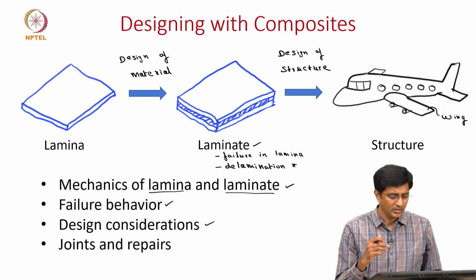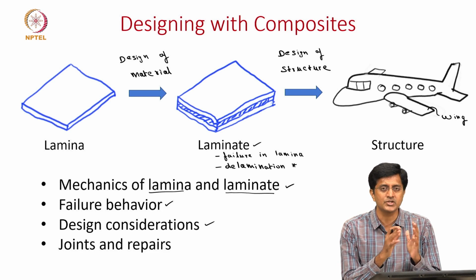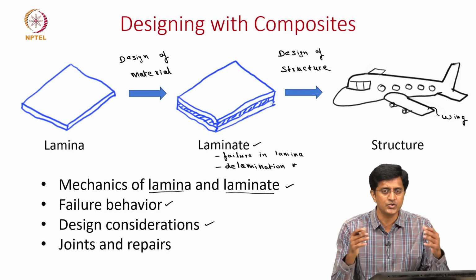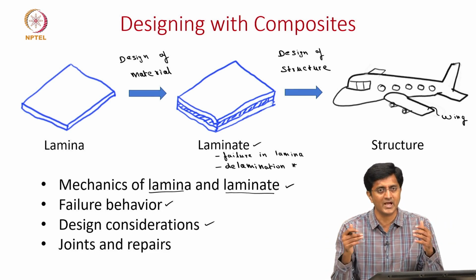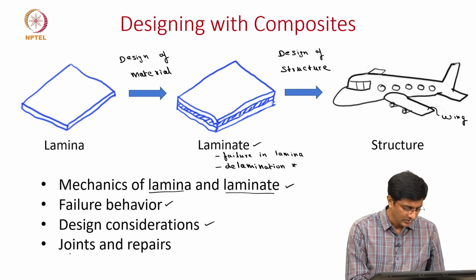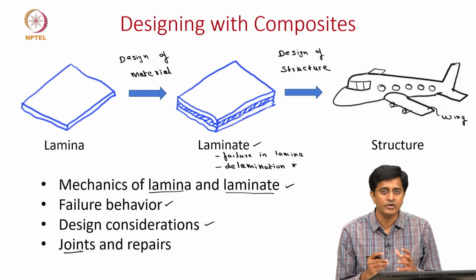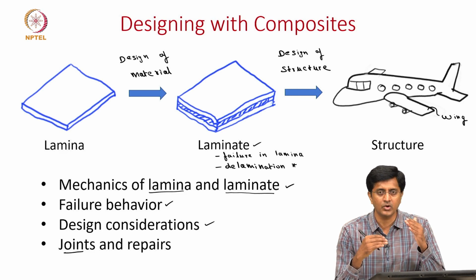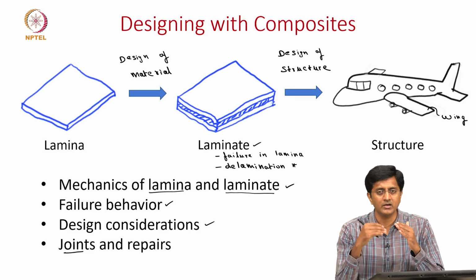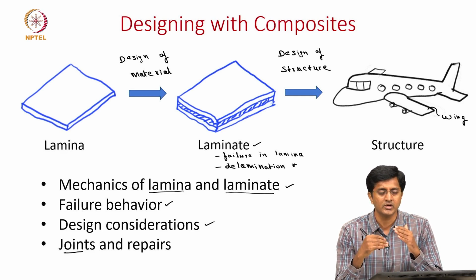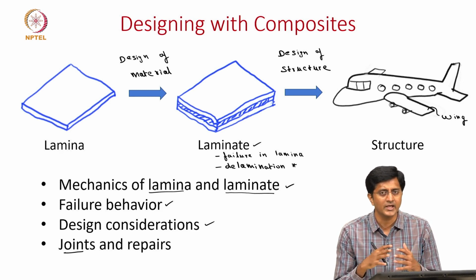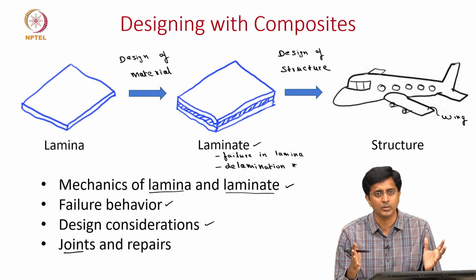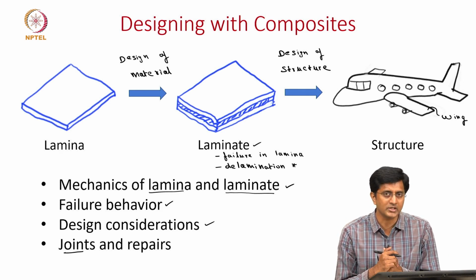And finally, it is not just one single structure we prepare with a composite. Usually these are multiple components which have to be joined. So, even in composites, you could be joining a composite with a metal, or a composite with a ceramic, or maybe two composites themselves. For these joints, there are several different joining methods available.